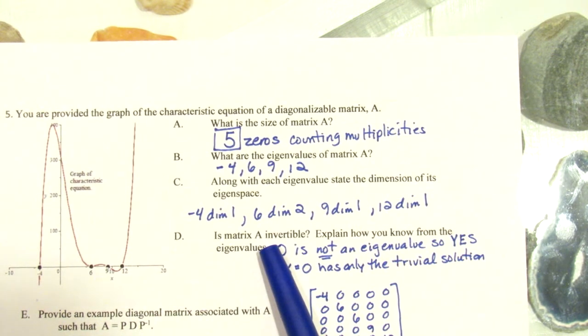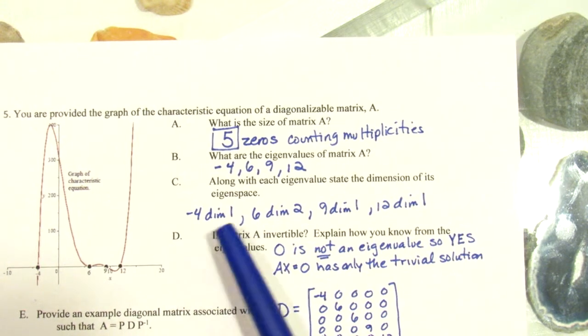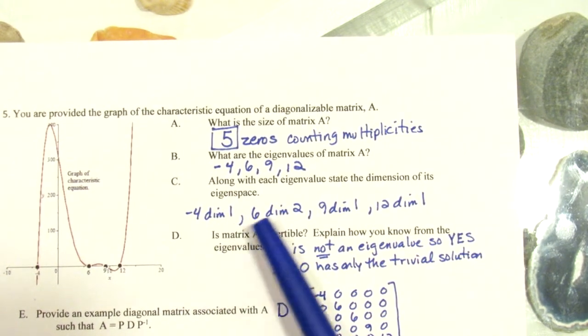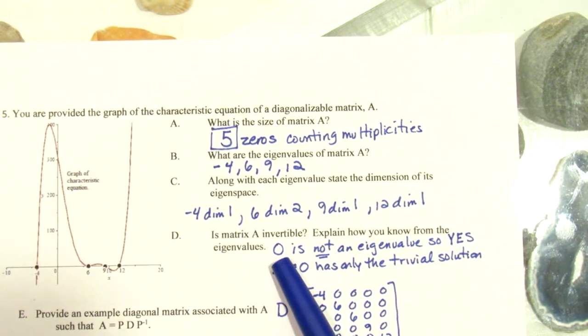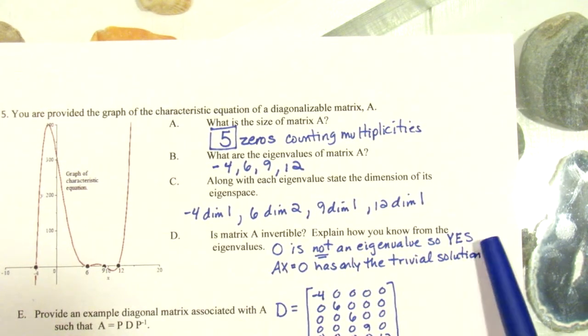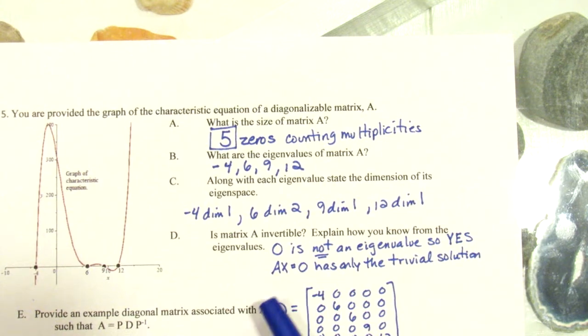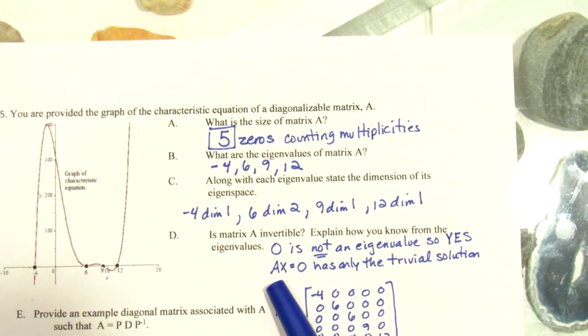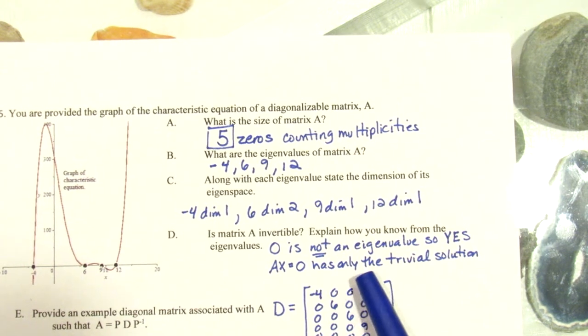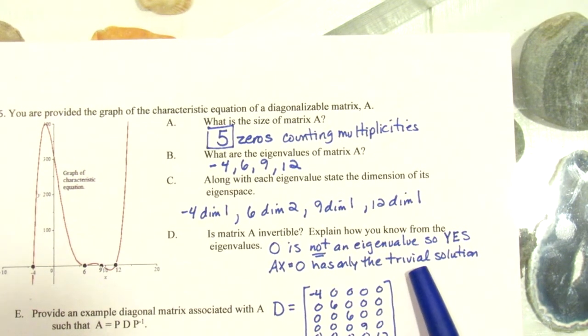We know A is invertible, that is, A inverse exists, because 0 is not one of my eigenvalues. If 0 is an eigenvalue, A is not invertible. If 0 is not an eigenvalue, A is invertible. And that's because if 0 was an eigenvalue, it would mean that A times X would equal 0 would have nontrivial solutions, and otherwise it would have only the trivial solution.